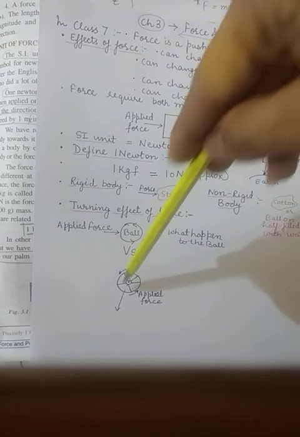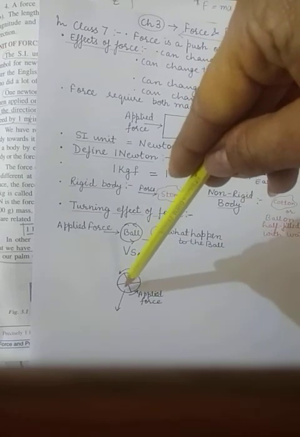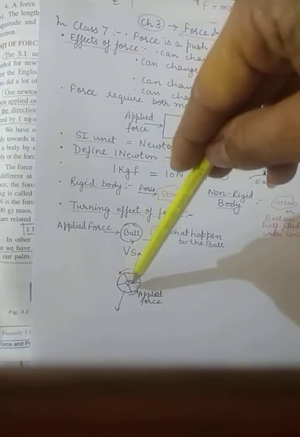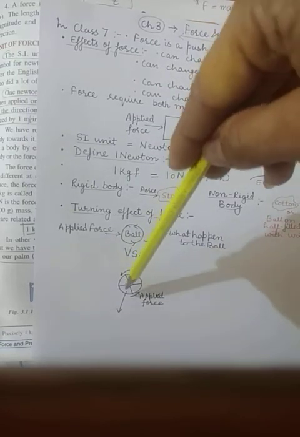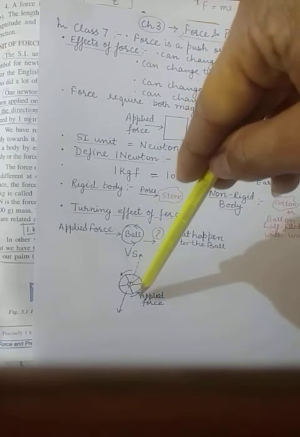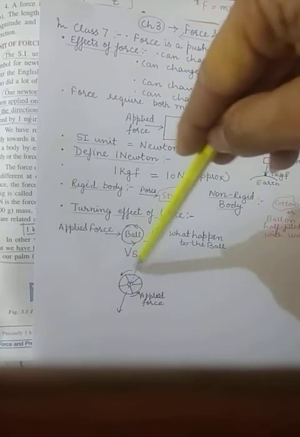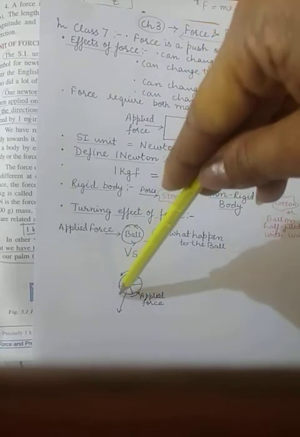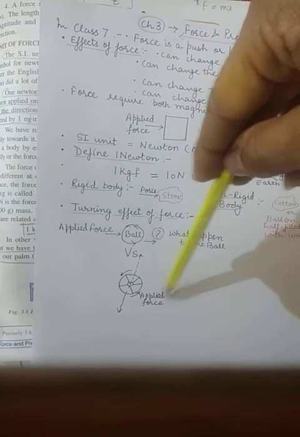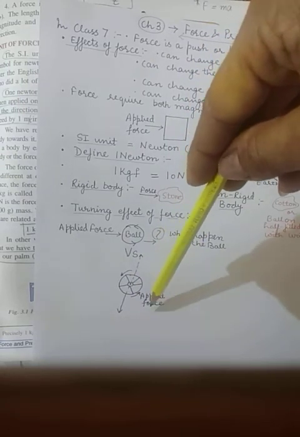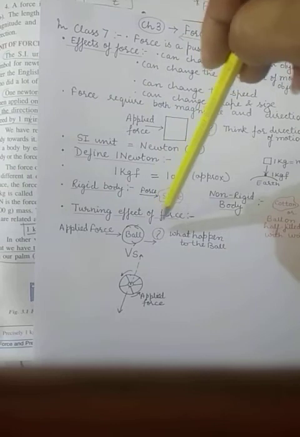The axis which is passing through its center is the axis of rotation. The object is moving around this axis on applying the force. So this applied force has produced a turning effect.